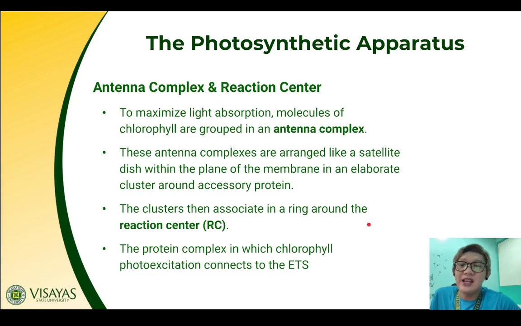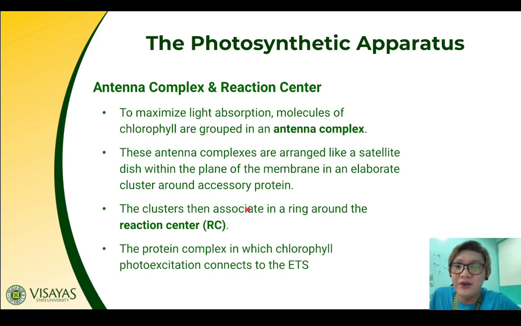Okay. So antenna complex and reaction center are all parts of the photosynthetic apparatus. To maximize light absorption, the molecules of chlorophyll are grouped together in an antenna complex. So these antenna complexes are arranged like a satellite dish within the plane of the membrane in an elaborate cluster around accessory protein.